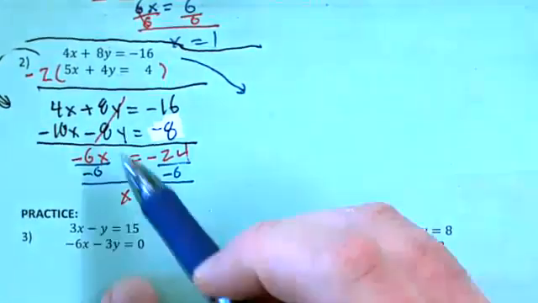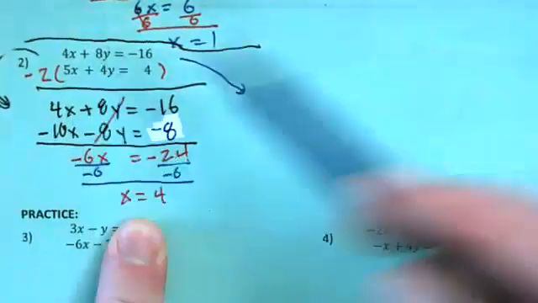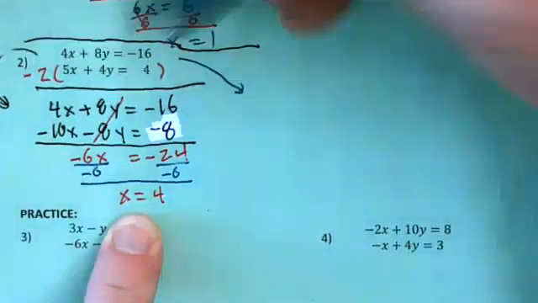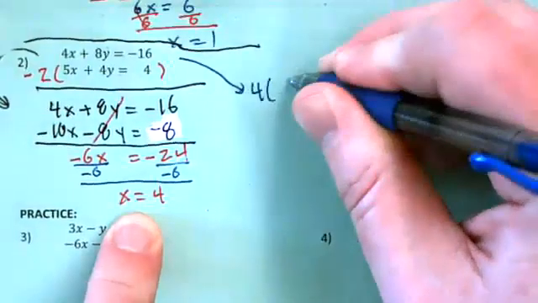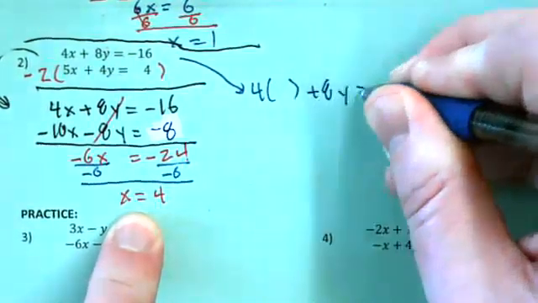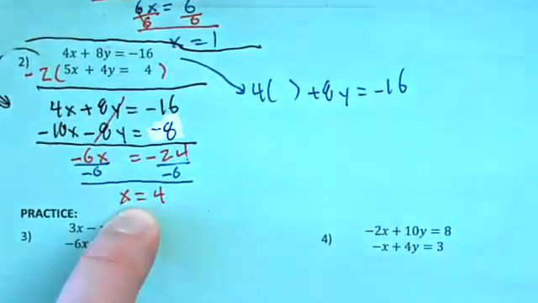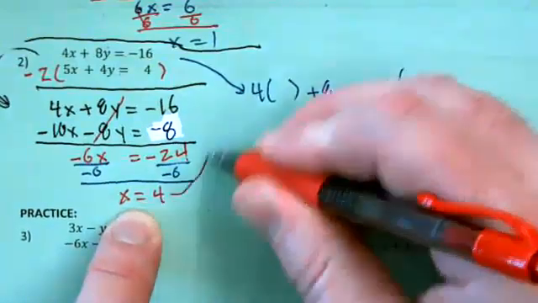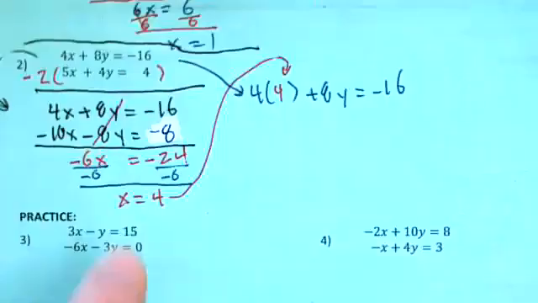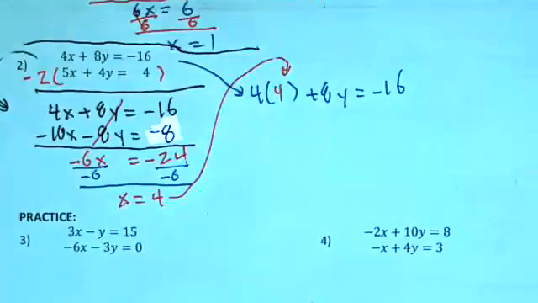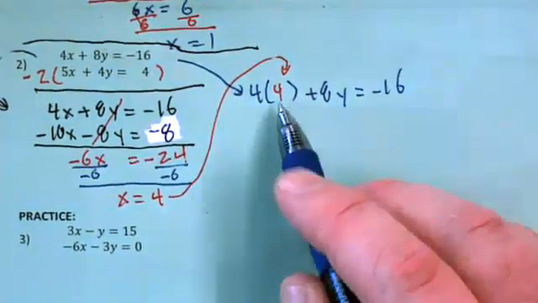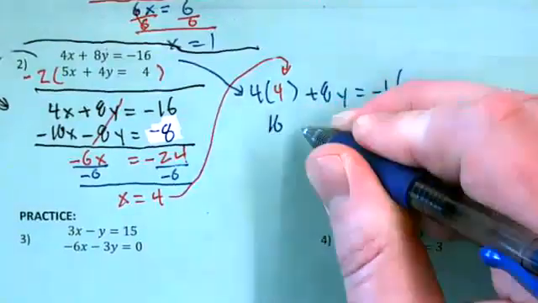Am I leaving out my x or my y? I've got a value for x, so I'll go ahead and leave out my x when I write this down. So 4x plus 8y equals -16. And I left out my x there because x is equal to 4. 4 times 4 is 16.